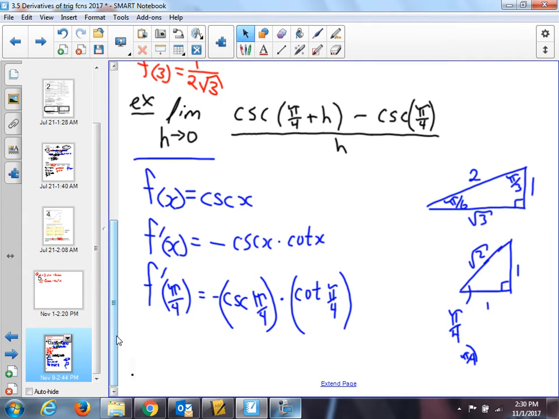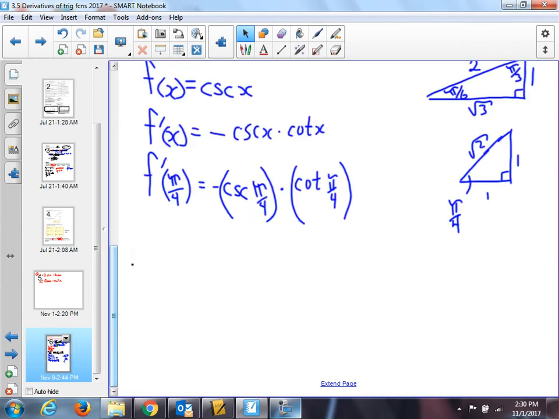Okay. Now, we can get back to the problem here. We're going to use this 1, 1, radical 2 triangle. Cosecant is the reciprocal of which function? I've heard both sine and cos. Sine, yeah, it is. That you will be expected to remember for sure too.